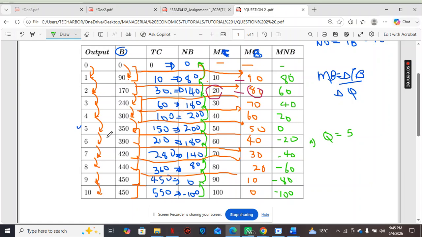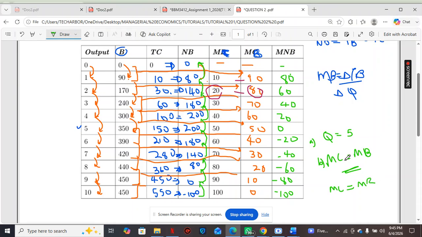So here at Q equals 5, notice the marginal cost equals the marginal benefit. Okay, and this is the point of profit maximization. Okay, remember where marginal cost equals marginal revenue, point of profit maximization of the company, same thing here.